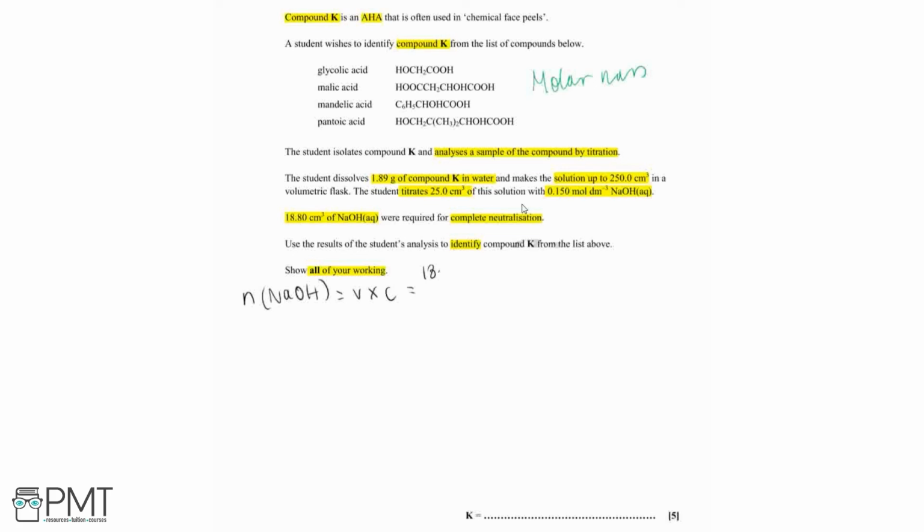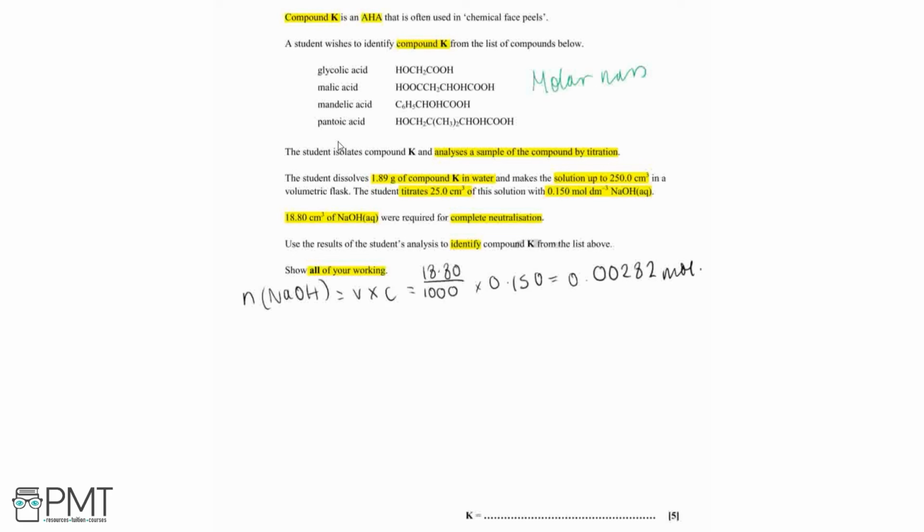We just need to make sure that we divide our volume by 1,000, so that we're converting it into decimeters cubed, which is the appropriate unit because that matches up with the concentration units. This multiplied by 0.15 gives us a moles of 0.00282 overall.